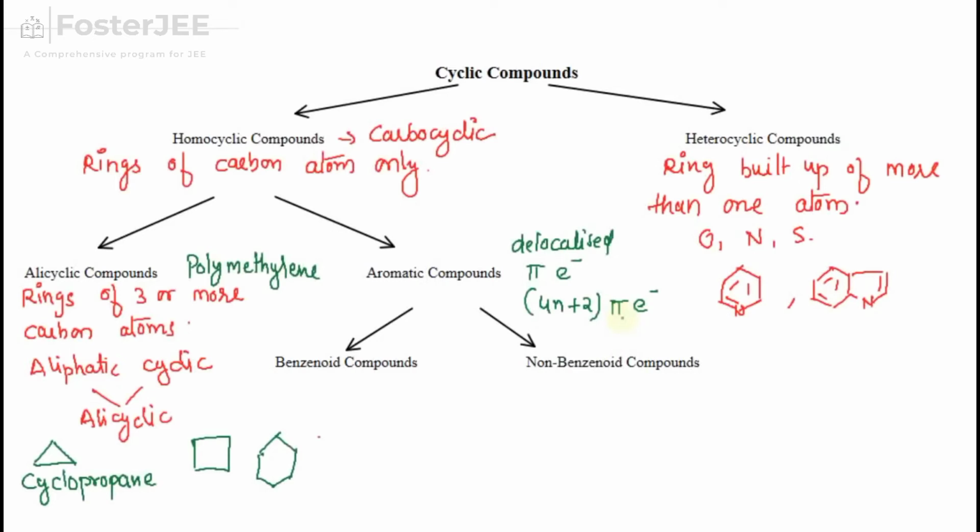It is divided into two categories. First one is benzenoid compound and the second one is non-benzenoid compounds. So the compounds consisting of at least one benzene ring are known as benzenoid compounds.